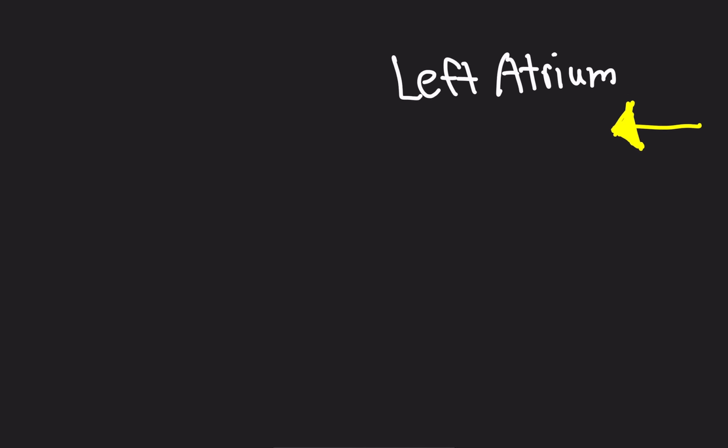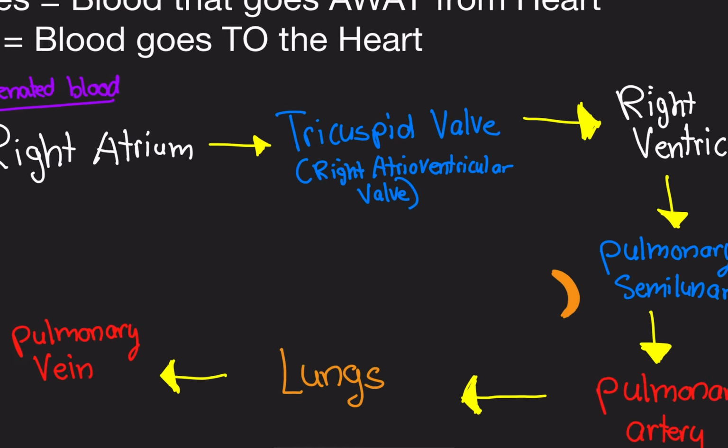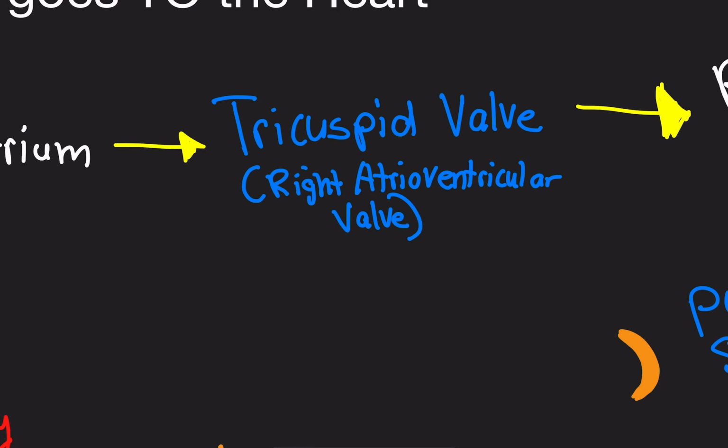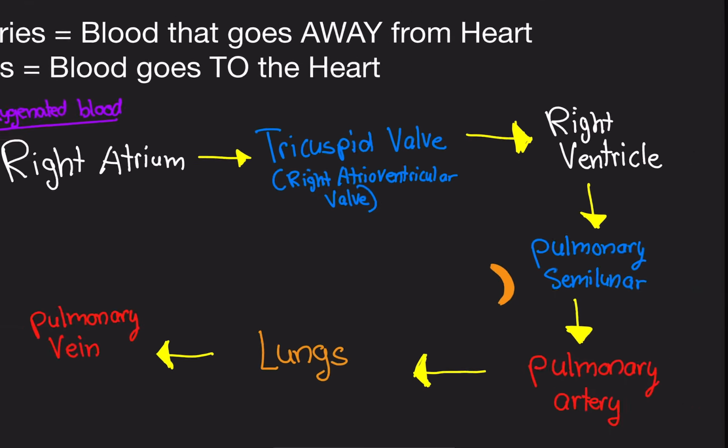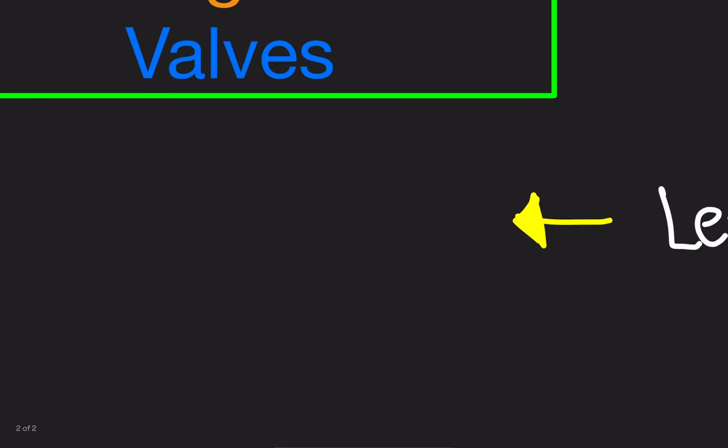Now, this is a compartment, so that means we have a valve after it. What's the valve? We had a tricuspid valve here, also known as the right atrioventricular valve. So if this was right atrioventricular, we should probably have a left atrioventricular, right? Yes, we do. And this is called the bicuspid valve. We said valves are blue.